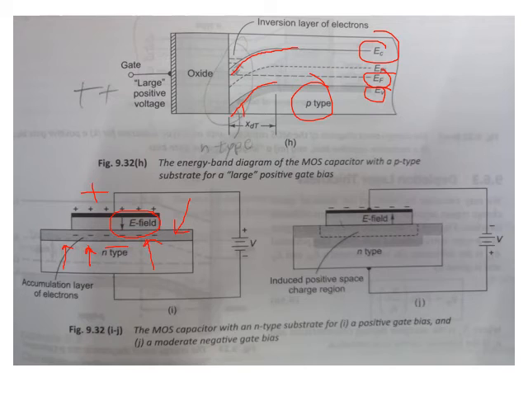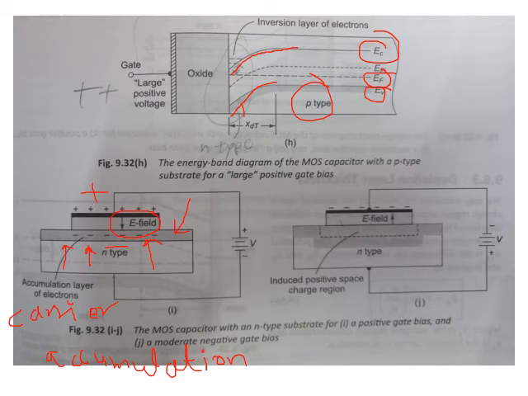And what is this phenomenon called? This phenomenon is called charge accumulation, or carrier accumulation, on the surface. Understood?